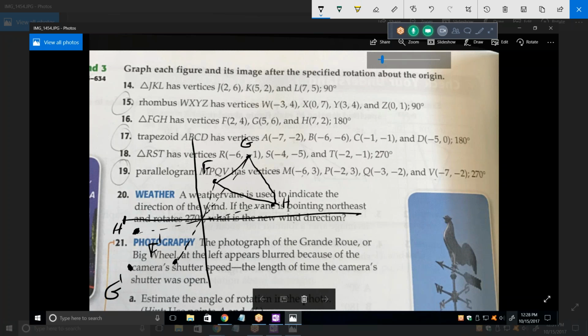That's G prime. Connect the triangle, and that's what it looks like when it's been rotated 180 degrees. And there's something else that's worth knowing. Here, let me label some of these points. F was 2, 4. What's F prime?